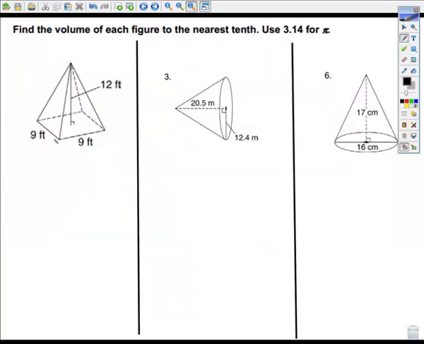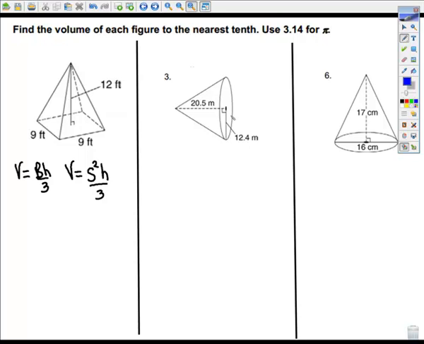Here we have a square pyramid. We know the volume is base times height divided by 3, but for the square the base is side squared, and then it's times height divided by 3.